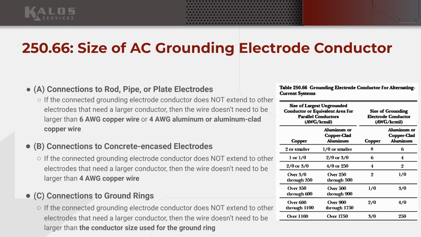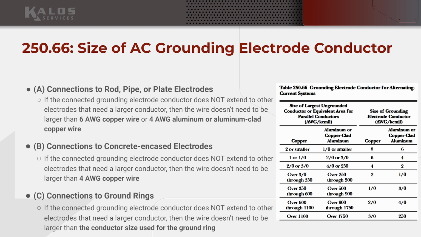So let's say we had aluminum conductors that were parallel 250s. The equivalent of two sets of parallel 250s is 500s, so we would be in this section here of over 250 through 500. That's a bad example because it keeps us in the same category. Let's say we had three parallels, then the equivalent of three 250s would be 750.